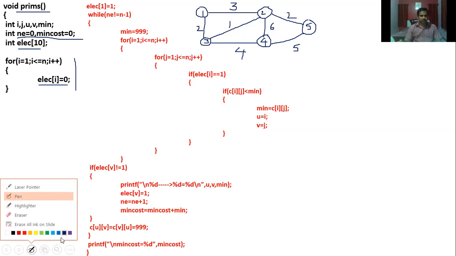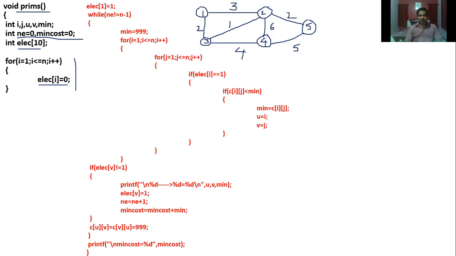So I'll just change the color. There are 5 vertices, and this is elect. In short, I'm calling it as E, right? 1, 2, 3, 4, and 5. And all these values initially are initialized to value 0.